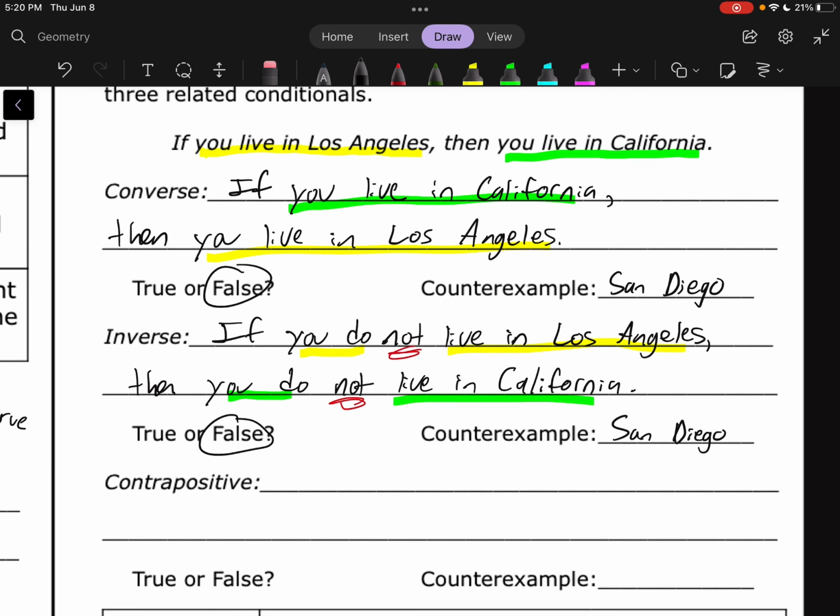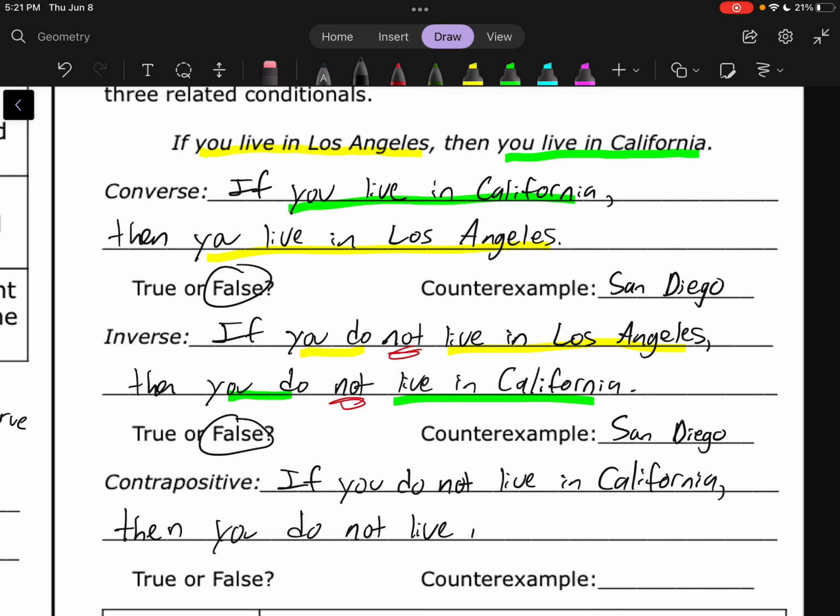Then our contrapositive, remember this is going to be where we switch and negate. So if you do not live in California, so I'm putting California up front, but I'm putting the not in there, then you do not live in Los Angeles.